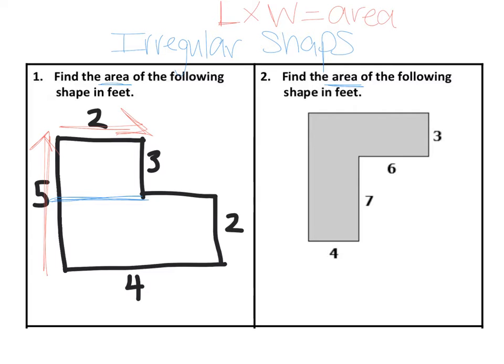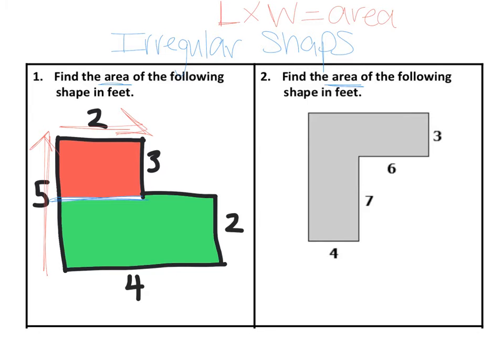And because I cut this into 2 different shapes, I'm going to have to do this 2 times. I'm going to want to solve this shape, and I'm going to want to solve this shape. Okay, I have 2 different shapes I'm solving for, the red box and the green box.